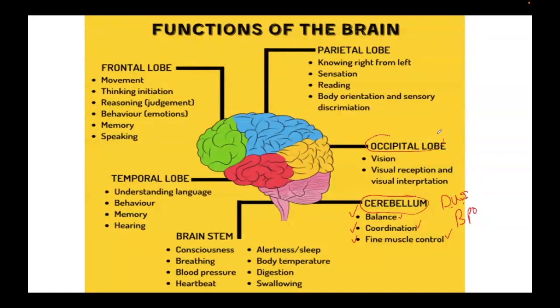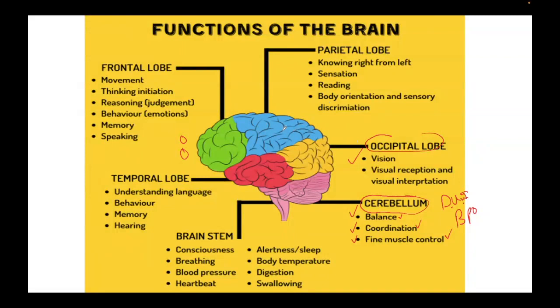The occipital lobe of the cerebrum back here, that's for your eyes, that's for vision. Although your eyes are up here, your eyes only contain the receptors. They send all the information to the occipital lobe of the brain that helps you see. So it's the brain that does the seeing; the eyes only have the receptors. Okay.